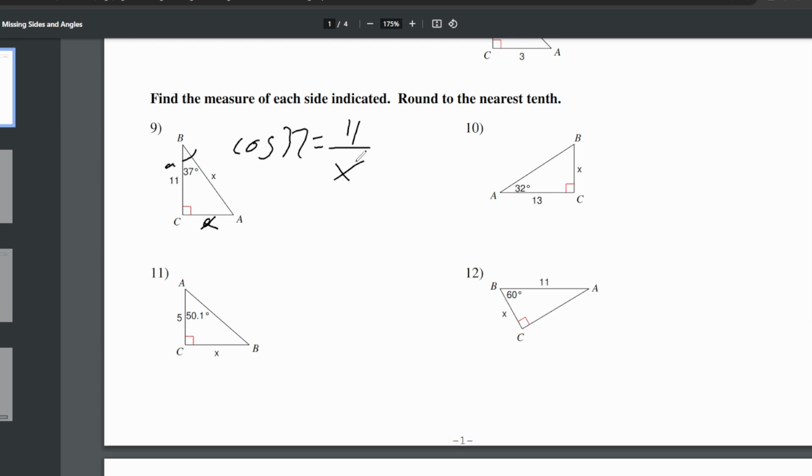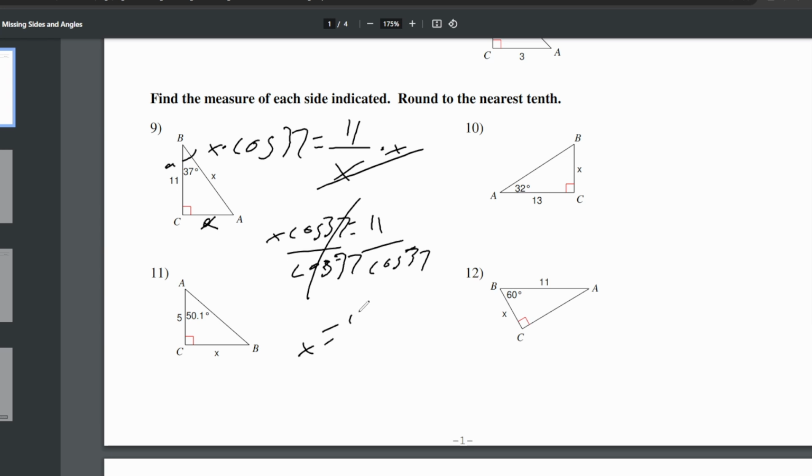When you have this number in the denominator, there's two methods you can take. Multiply by x to cancel out. That would give you x cosine 37 equals 11. Divide by cosine 37 on both sides. These two cancel out. X equals 11 over cosine of 37. But that method is too long. I don't want to be doing that on a test where I have to rush. So let's not use that method.